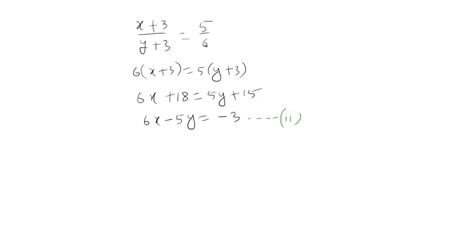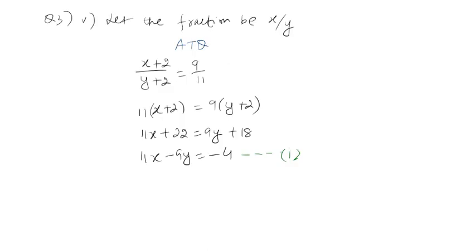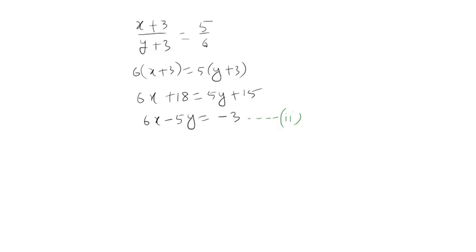So you have two equations now. This is our first equation and we have the next equation here. So now you can solve it and get the values of x and y. Once you get the fraction, then you should be able to get the other answer also, right? Now there's another part which I'll give you as homework.